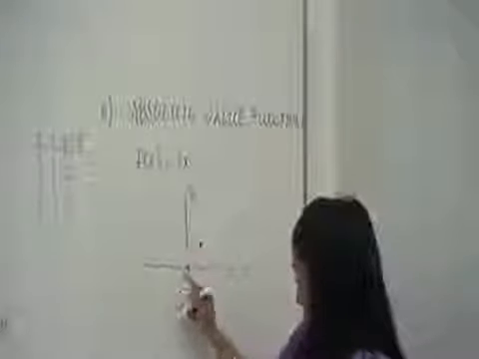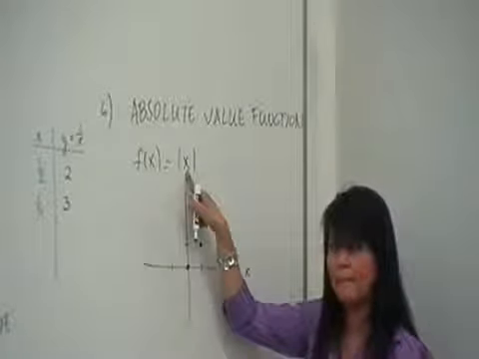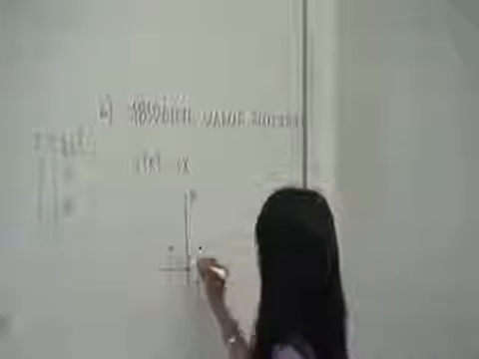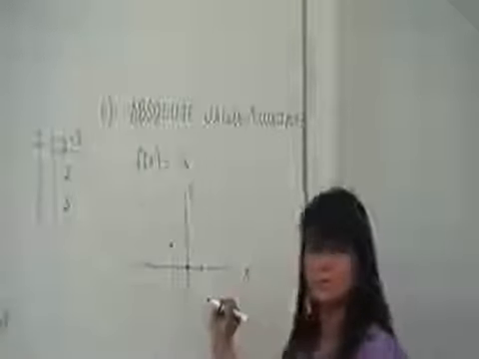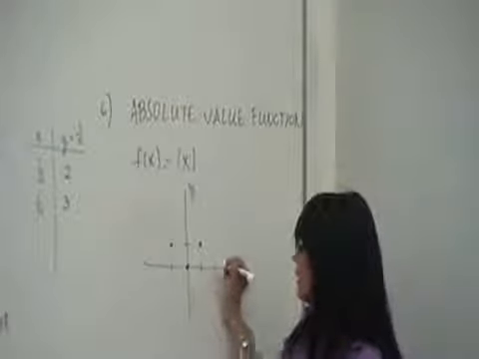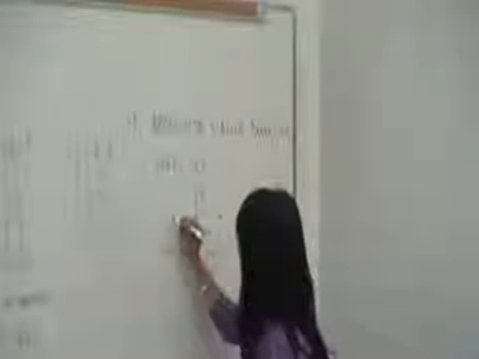If I put a negative 1 in the x, what's the absolute value of negative 1? Positive 1, right? Don't be afraid. Do you see the V shape now, or do I need to do some more? If you have 2, it goes to 2. If I have negative 2, I'll go to 2.